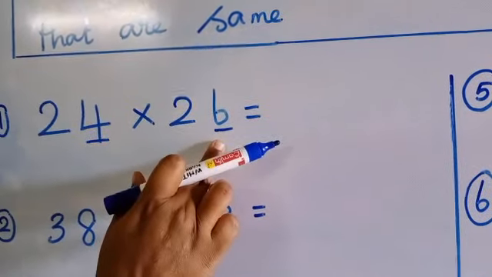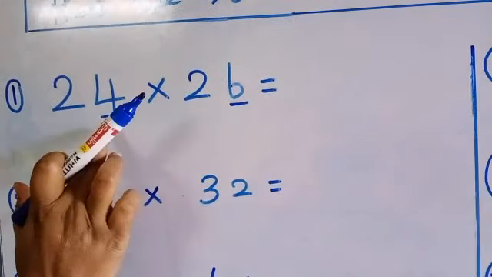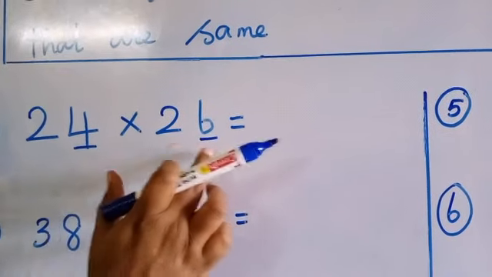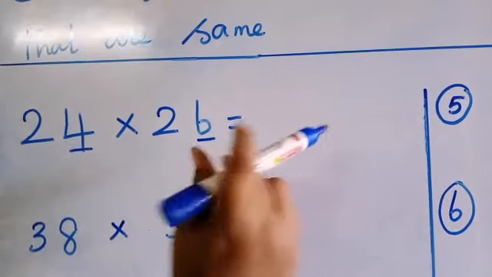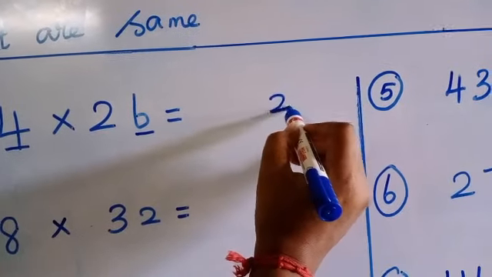We want to multiply these last digits. 4 sixes are 24.